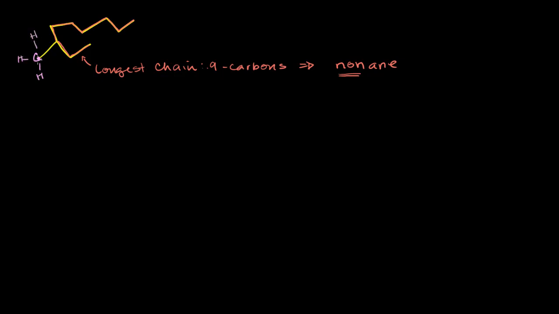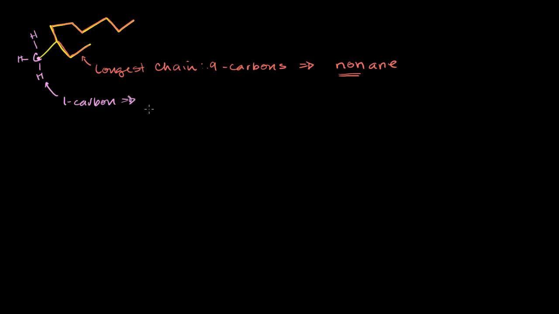But what is this thing right here? Well, it's one carbon. So you might be tempted to say it's methane, but it's not methane because it's attached to other things. But it would be right to use the prefix meth, since this is one carbon.